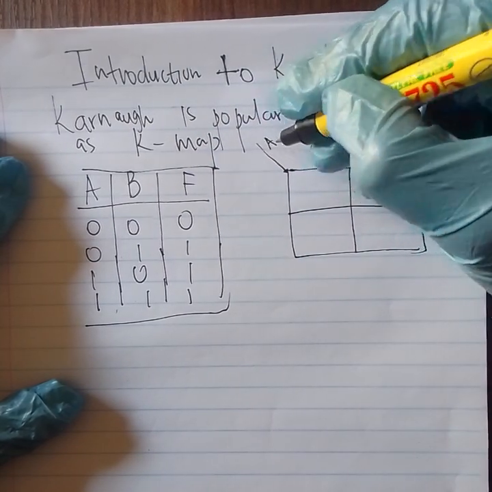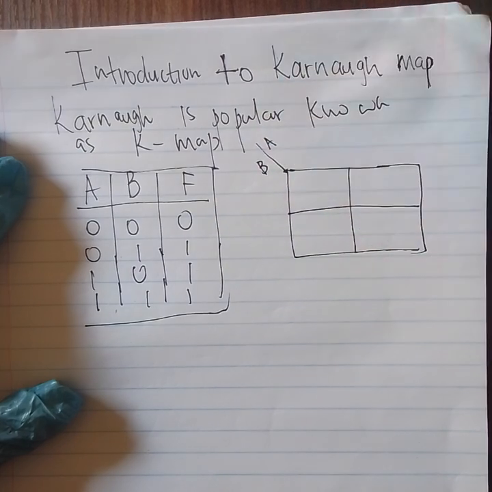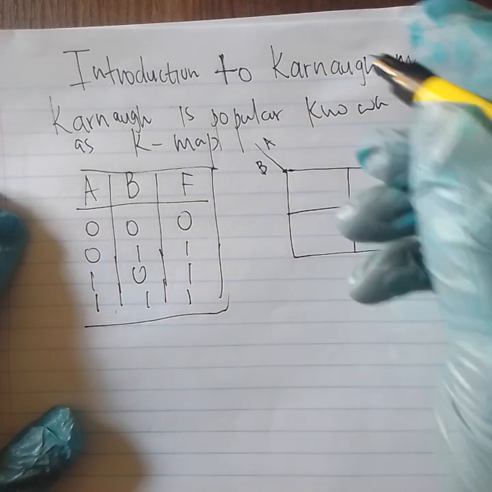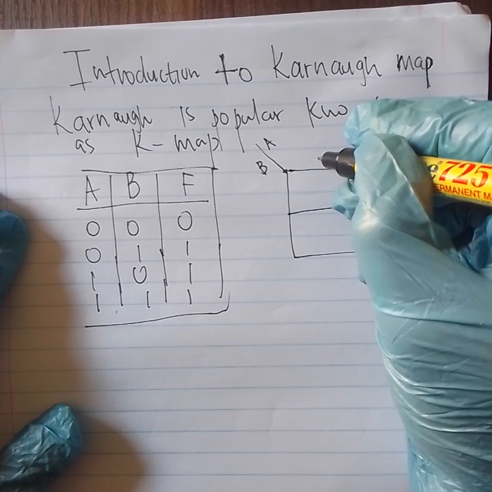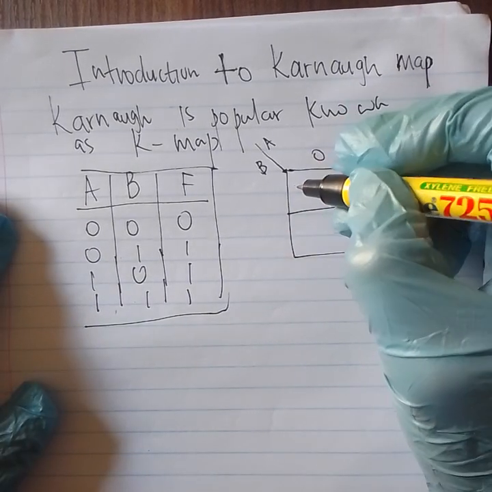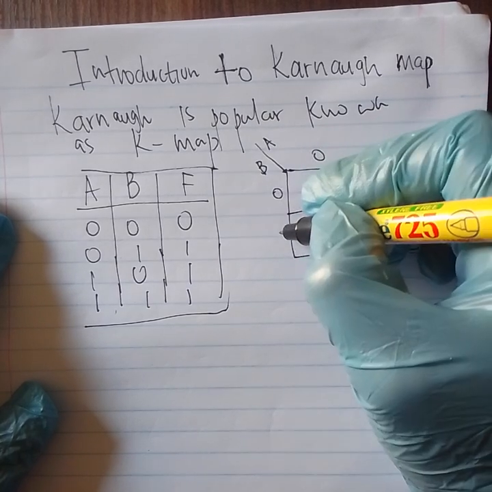And we have A and B. The input values of A are written as column heads, and those of B we write as row labels.